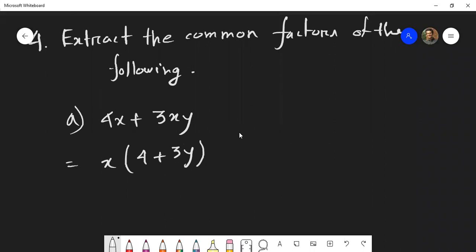So the hard one here for Fatima Nouri is H. This is not a hard one. This is also an easy one. Okay, let's say 6ab plus 3bc negative ba plus b.